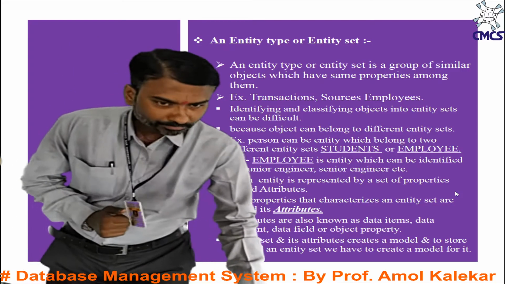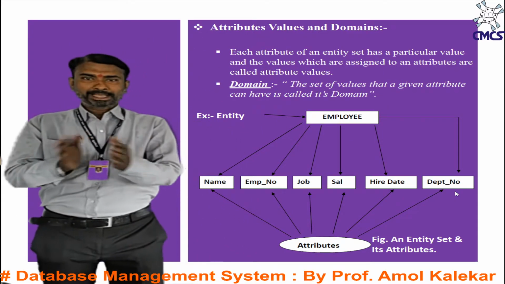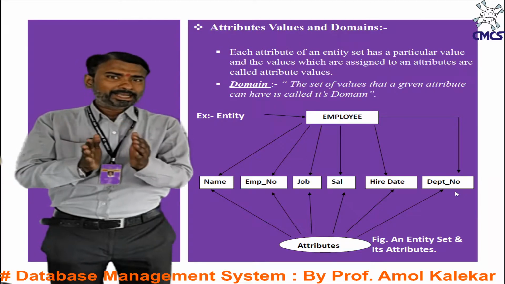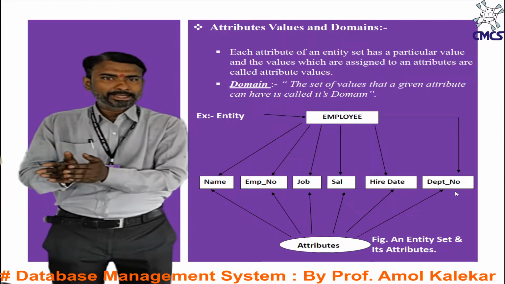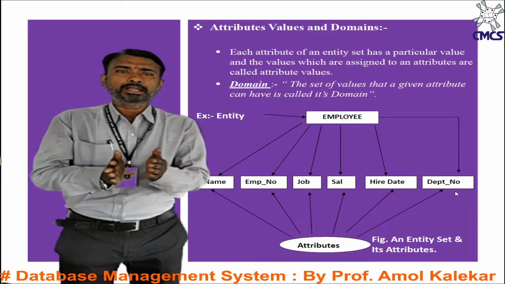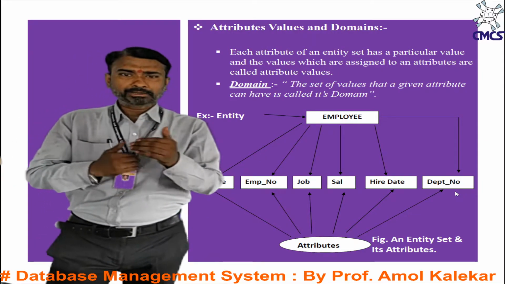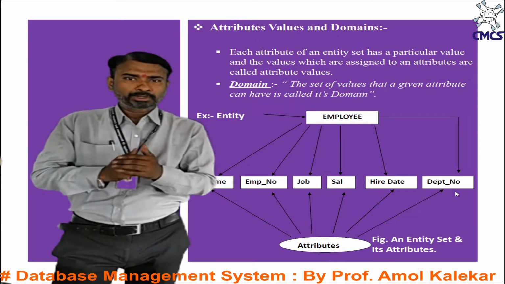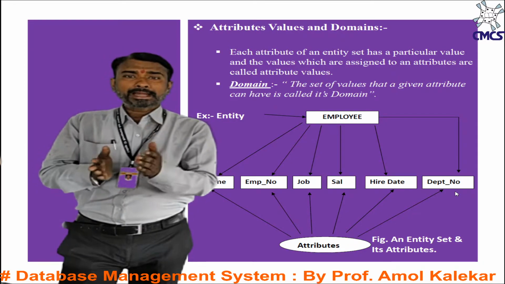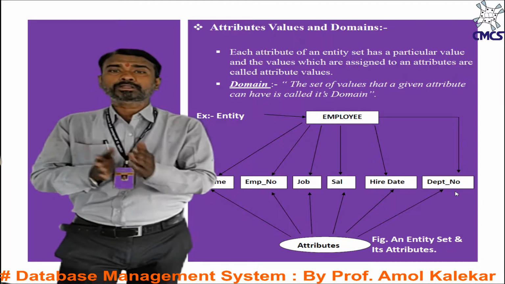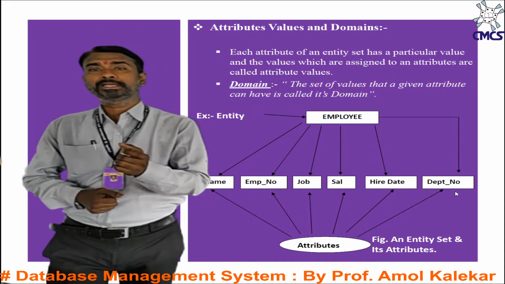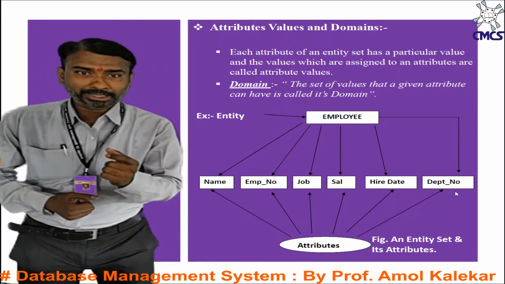Okay, now we can see the detailed description of this entity along with its attributes and its domain. When we discuss attributes, we have said that attributes are the characteristics or properties which give us detailed information about an entity.